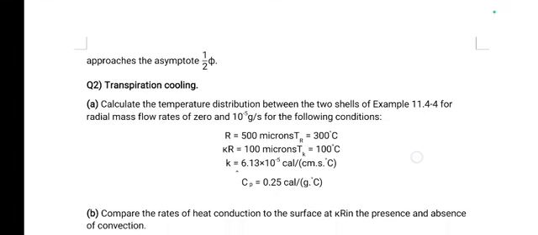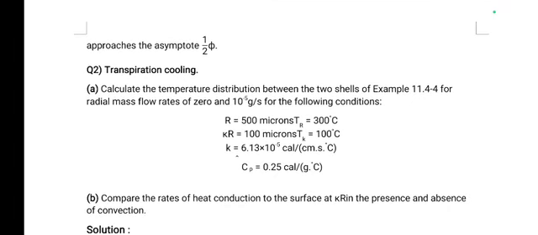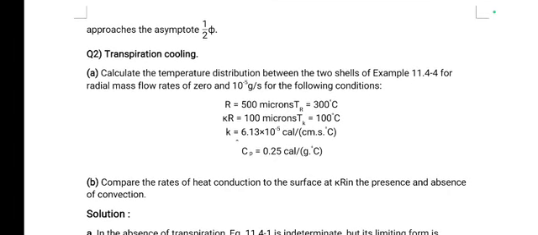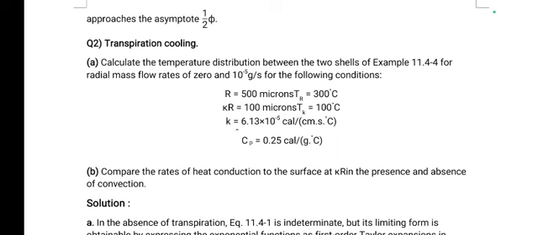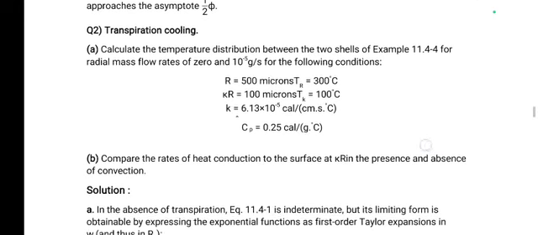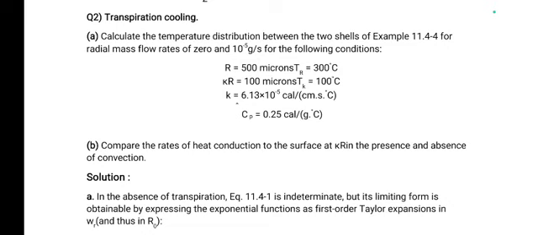Now second question, transpiration cooling. First part: calculate the temperature distribution between the two shells of example 11.4-4 for radial mass flow rates of 0 and 10 raised to power minus 5 gram per second for the flowing condition.